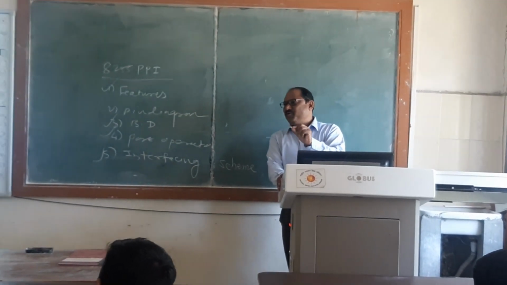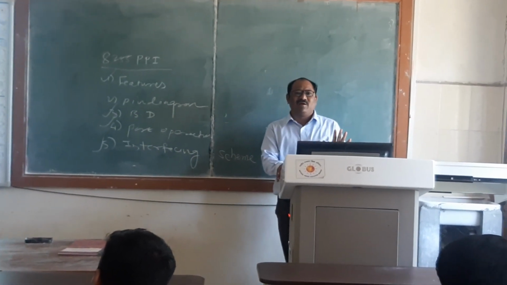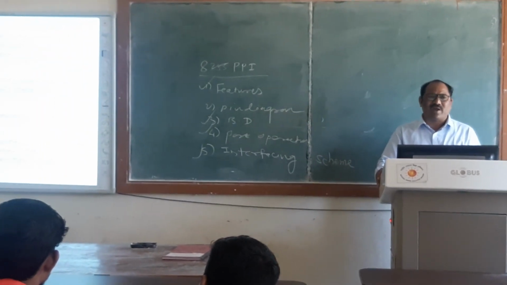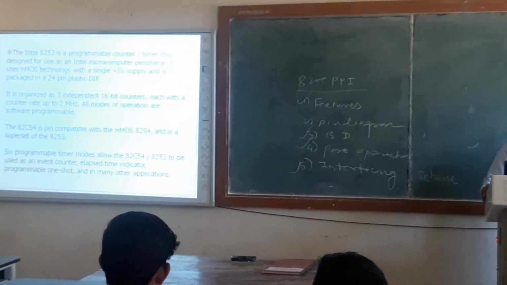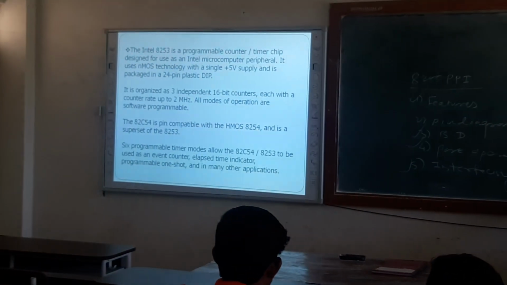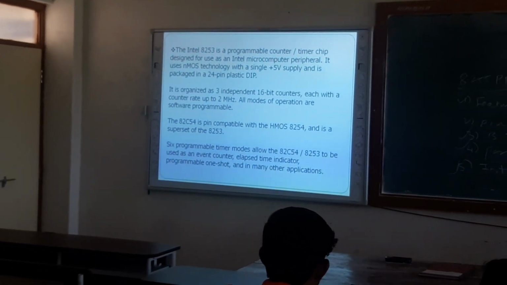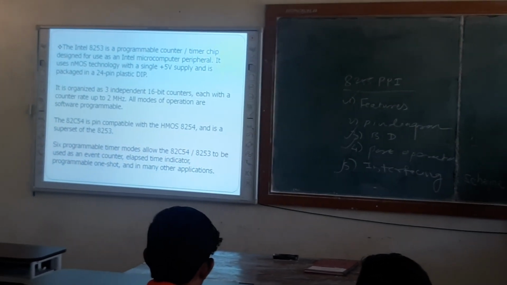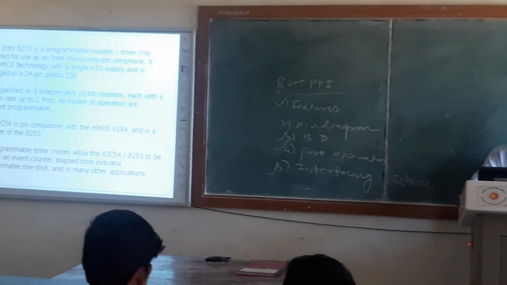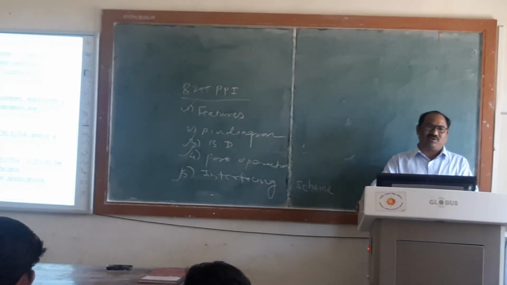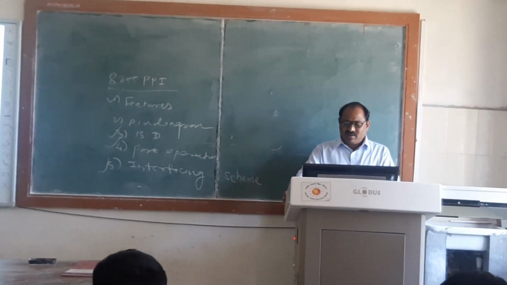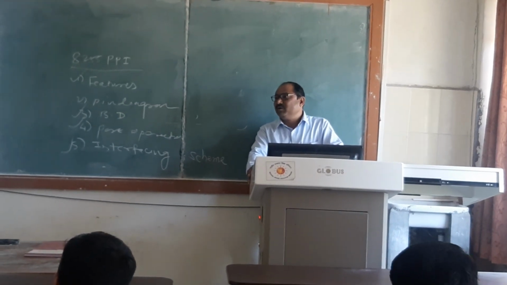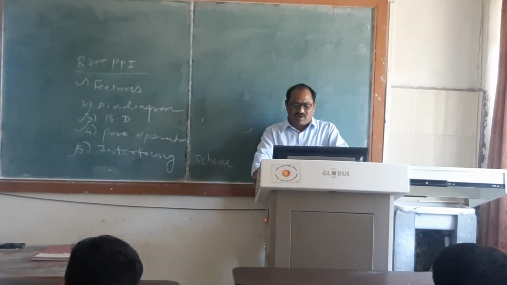If in place of that you use an 8254 as a digital timer, its frequency ranges from 0 to 10 megahertz. Then the 8253 uses NMOS, N-channel metal oxide semiconductor technology, and the 8254 is based upon the hybrid metal oxide semiconductor technology.